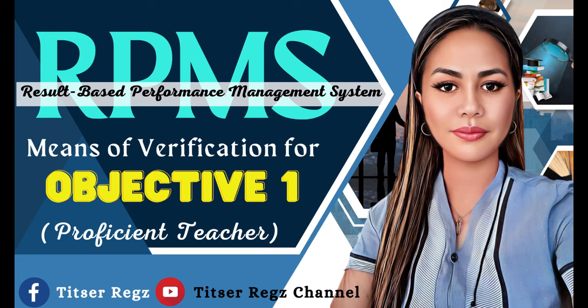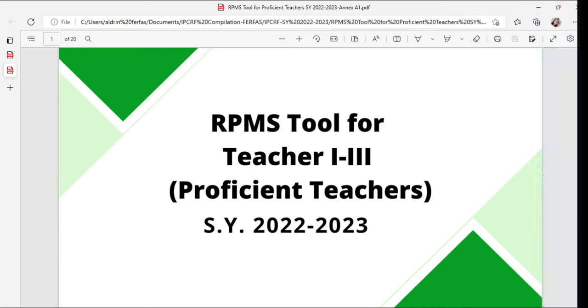Today, I'm going to share my MOV for Objective 1 of our RPMS for school year 2022-2023. There are 37 PPST indicators for proficient teachers or for Teacher 1 to Teacher 3, which is divided across 3 school years.